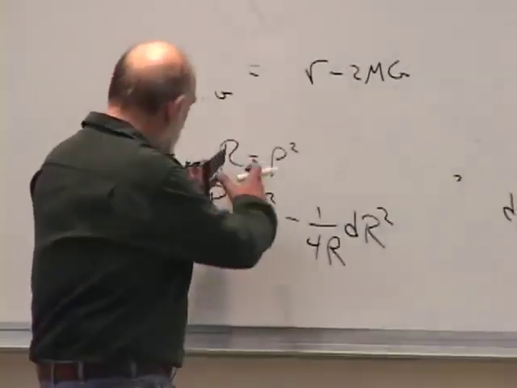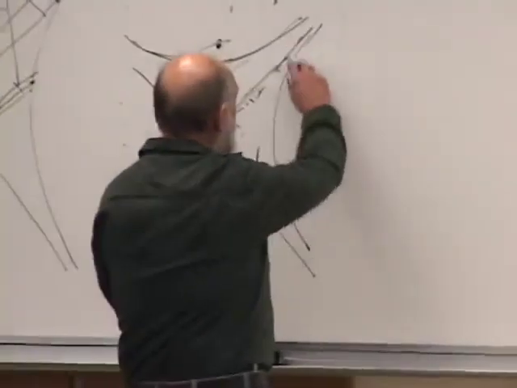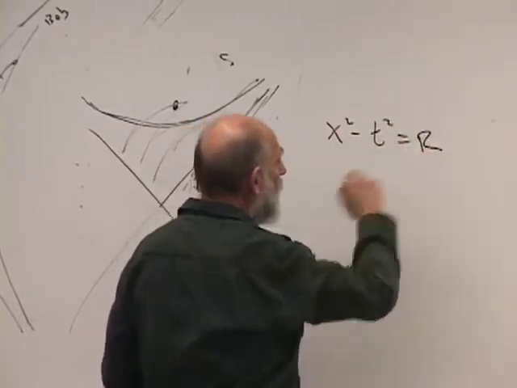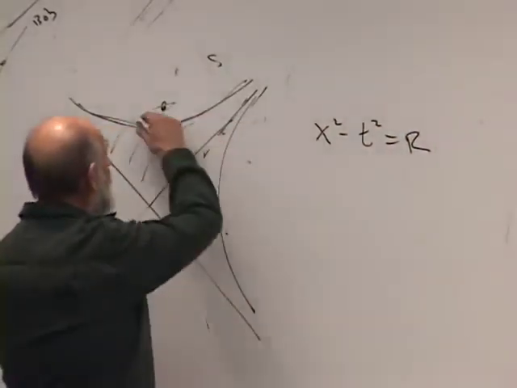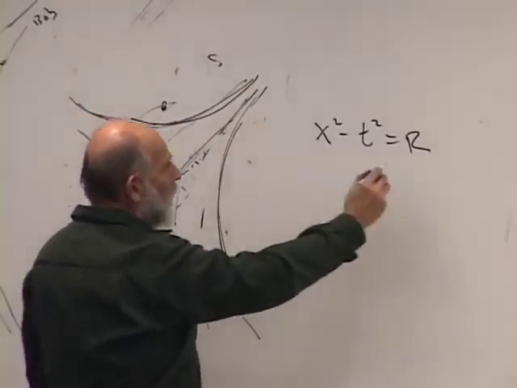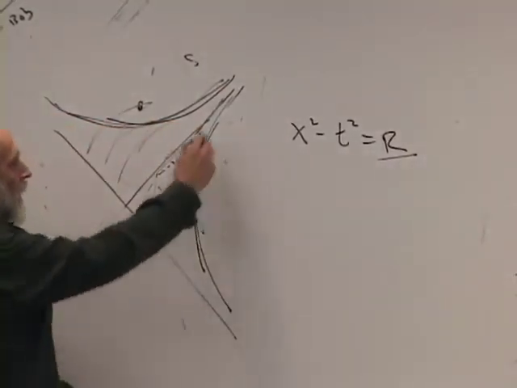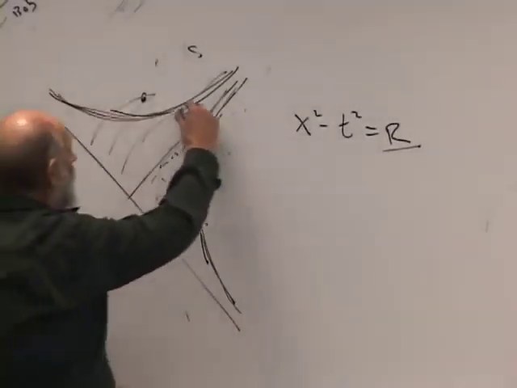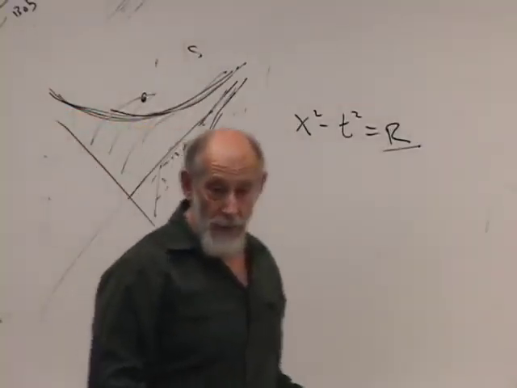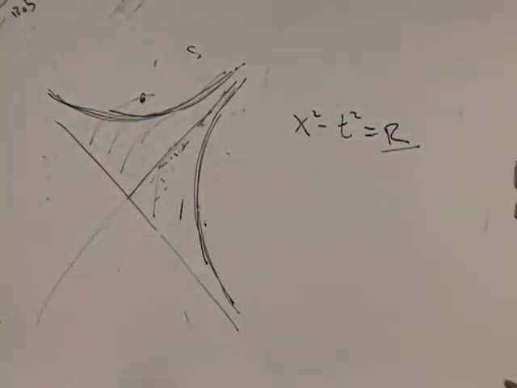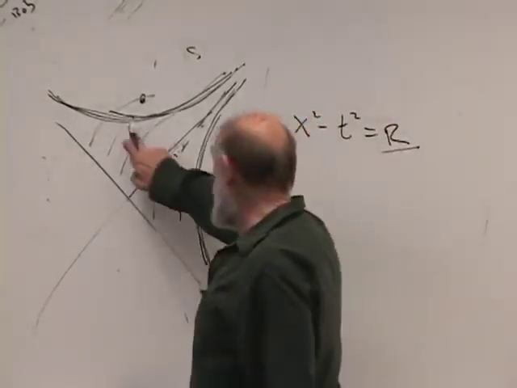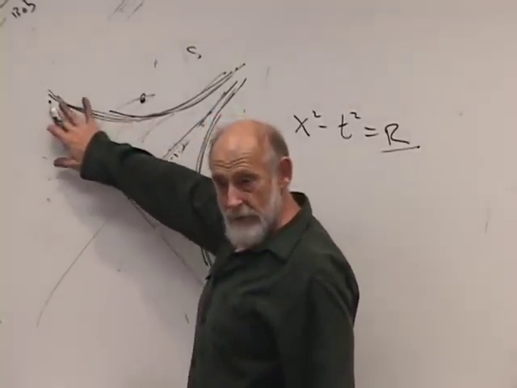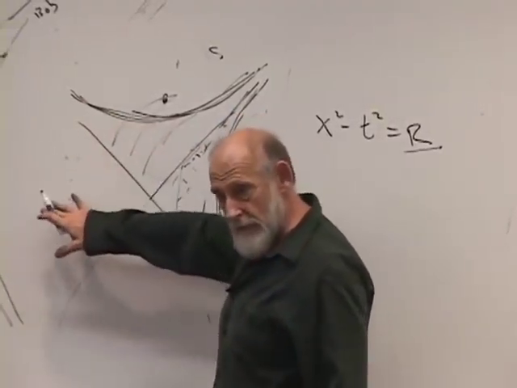When big R changes sign, the hyperboloids x squared minus t squared equals R become hyperboloids like this. So fixed R outside corresponds to the motion of an accelerated observer. Inside, it corresponds to a kind of space-like surface. Another way to say it is fixed R inside the black hole is some time, not some place. It's a time and not a place, fixed R.